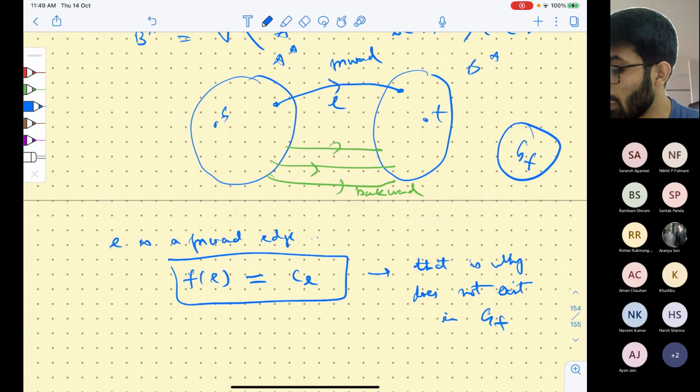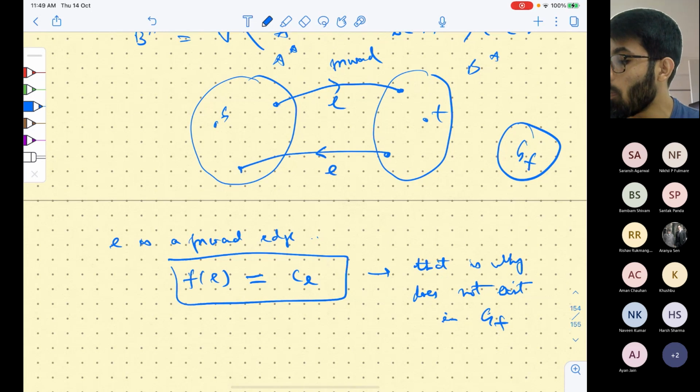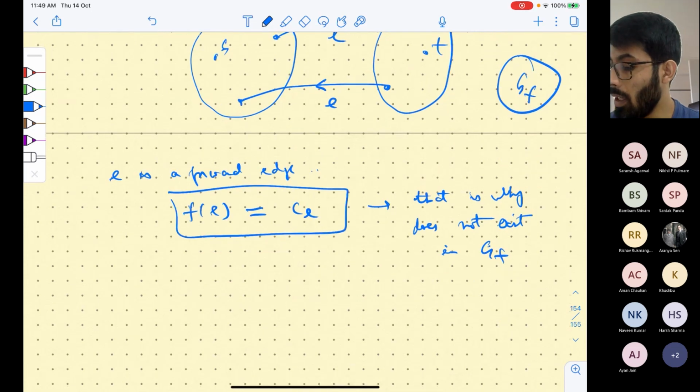Now, what about these backward edges? These backward edges also do not exist. So what are these backward edges for? These backward edges are for some edge E which is coming in like this, and for this, there is no backward edge. Okay.